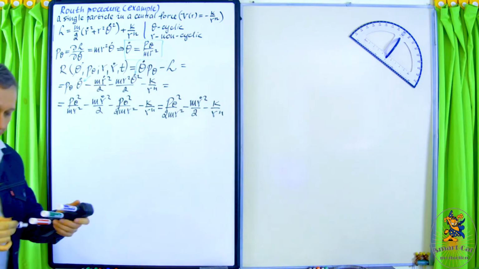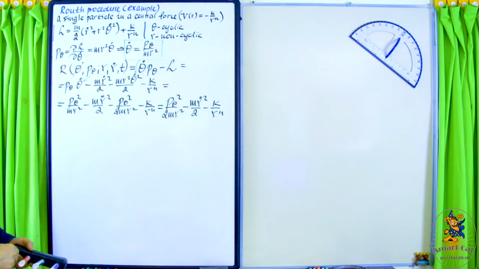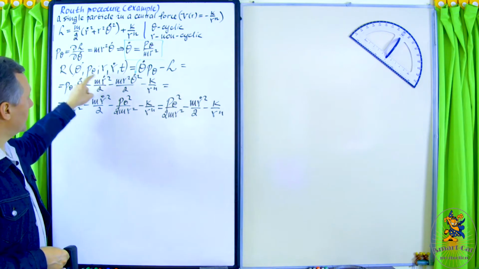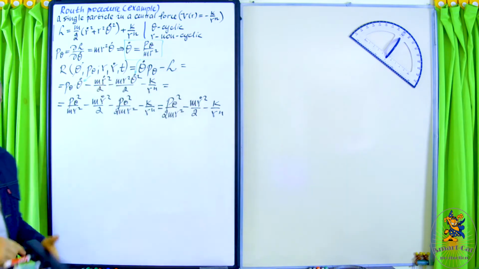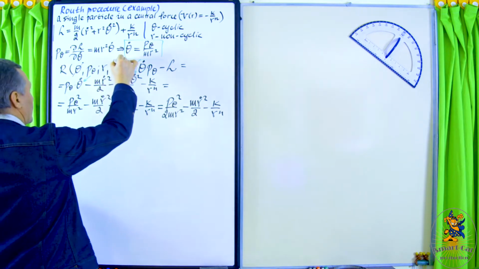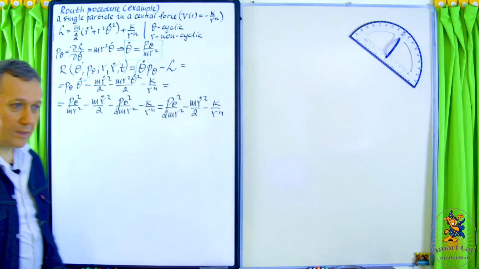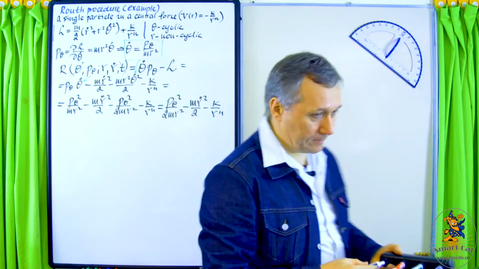That is the Routhian, a function of p theta, r, and r dot. Time is missing, since there is no explicit time dependence.